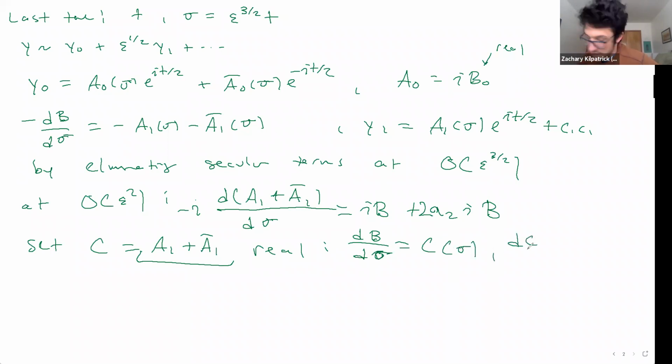And we get that dC/dsigma is equal to minus 1 plus 2A2 times B of sigma.